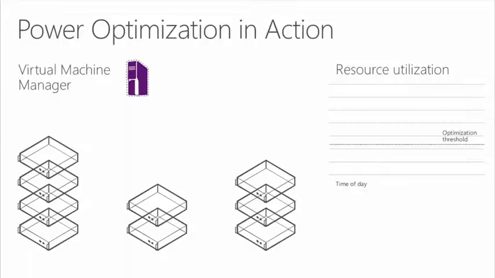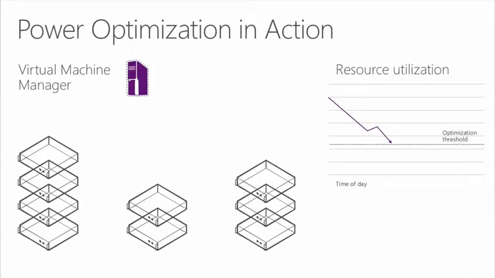So I can leverage power optimization to handle it if the workload goes down and I still have enough resources to support that running number of virtual machines. Let me shut down some of those servers. Once I shut down those servers, I can continue to run, save the energy in the data center, and then when the workload picks up, power those servers back on and rejoin them to the cluster.